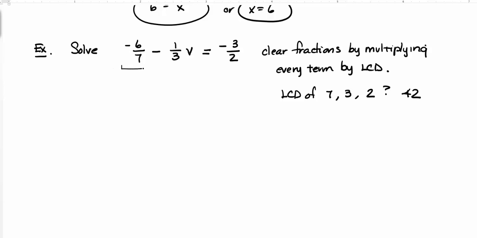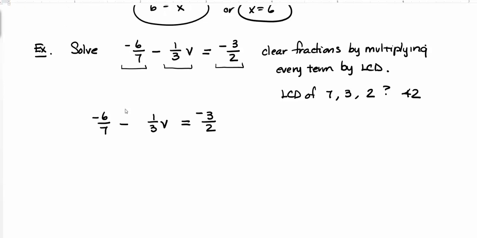So how many terms do I have? Well, I have a term here, right? I have a term here, and I have a term here. So I'm going to rewrite this. I'm going to say negative 6/7 minus 1/3 v equals negative 3/2.